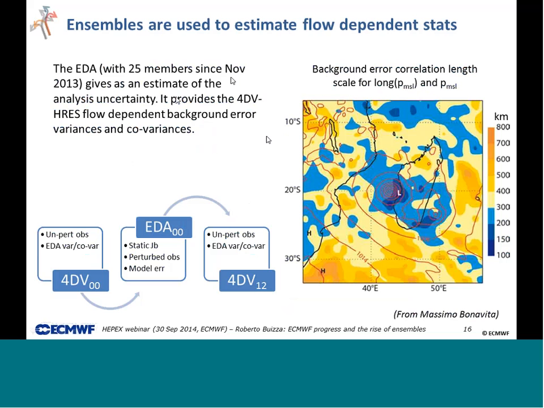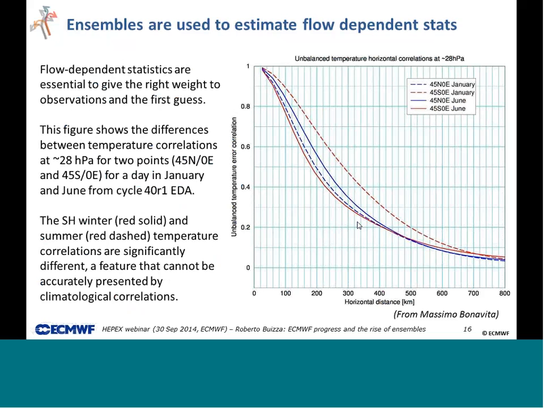The ensemble of data assimilation provides us with this information so that we can give more or less weight to the observations. In areas where the background is estimated to be more in error, we give more weight to the observations, while in areas where the EDA says that the background error is small, we can give more weight to the background.